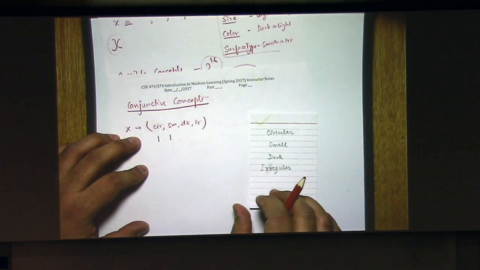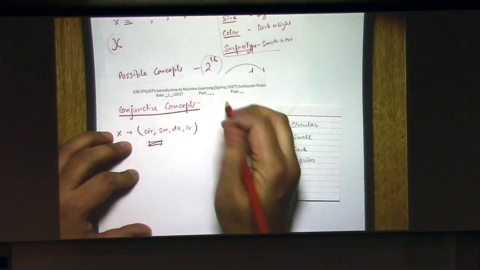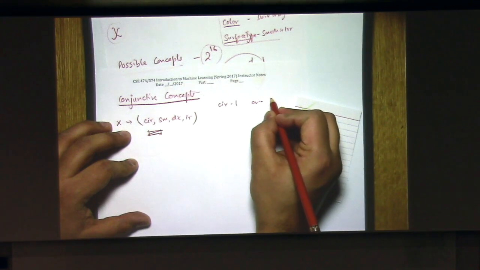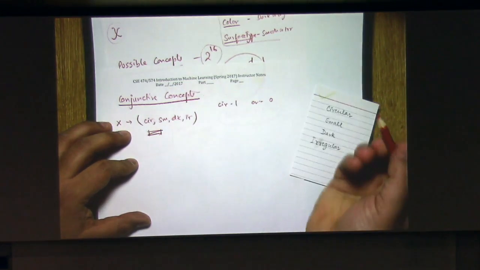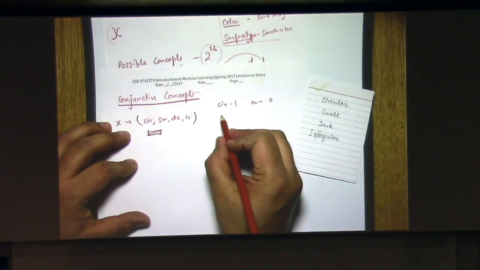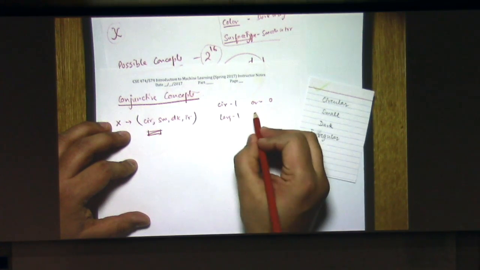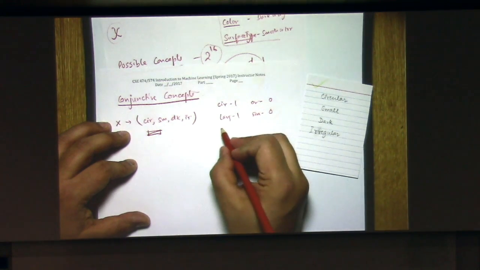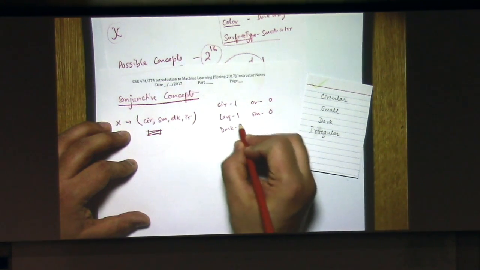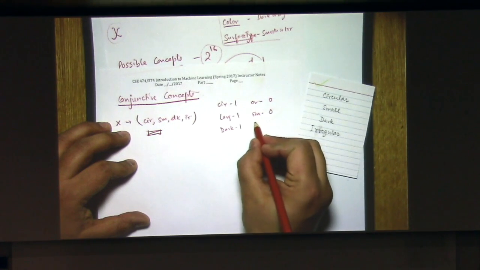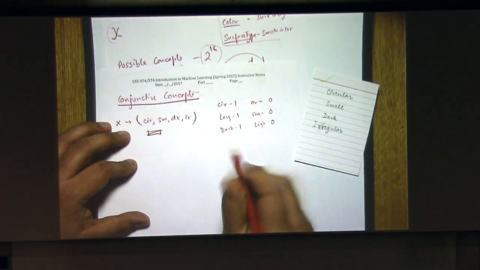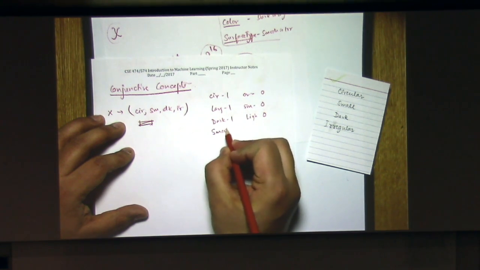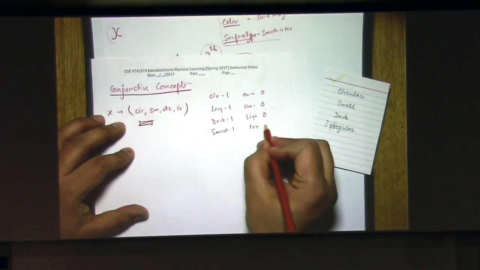Circular, large. I'm going to call circular 1 and oval 0. And I'm going to call large 1, and this is just notation, there's nothing very serious going on here. Dark 1 and light 0, and I'm going to write smooth as 1 and irregular as 0.